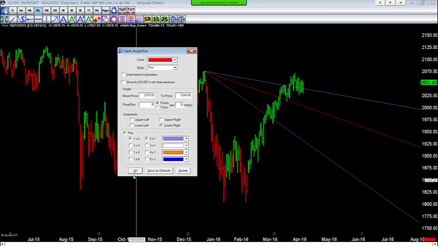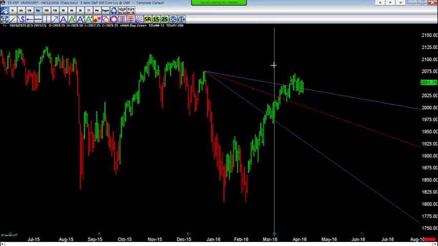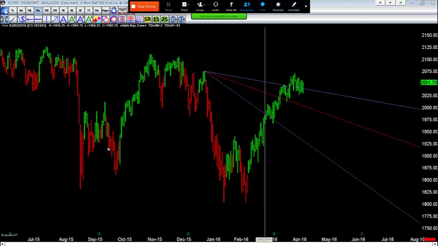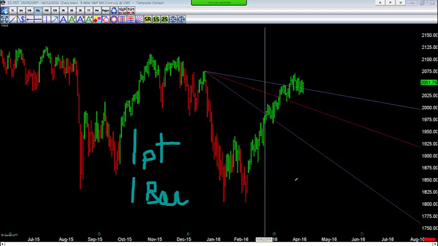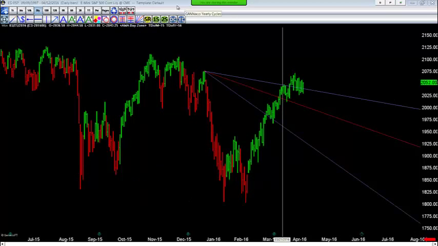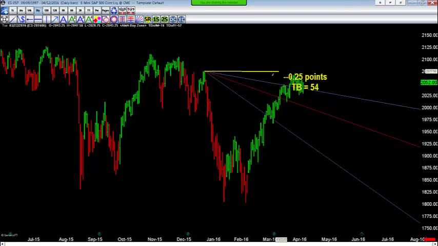So now watch what I mean. I'm going to go down the 1-to-1 line. The 1-to-1 line means 1 point per 1 bar. Okay? Per 1 bar. So watch. I'm going to draw this SR tool down here.